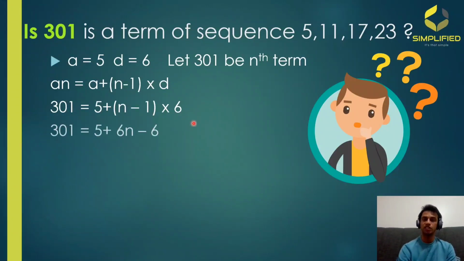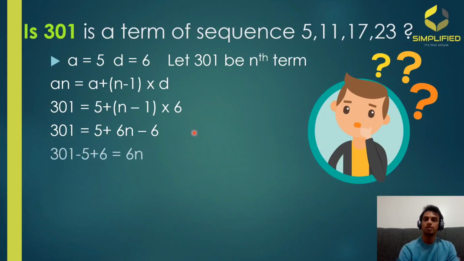Upon simplification, we know that 301 is equal to 5 plus 6n minus 6, because 6 is being taken inside, so 6 into n is 6n, minus 1 into 6, so it is minus 6. That is the reason it is coming to 6n minus 6.